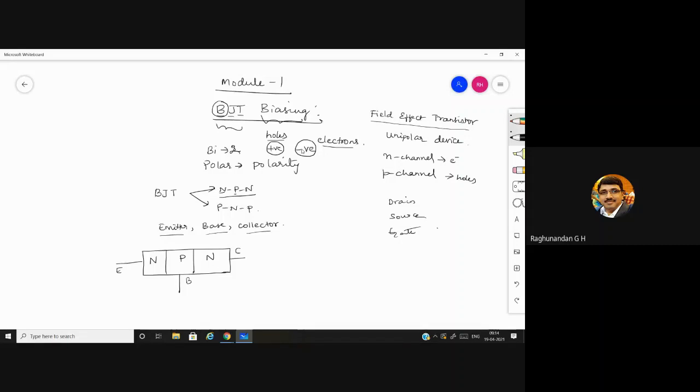This is the emitter region, this is the base region, this is the collector region. The emitter is heavily doped, the base is lightly doped, and the collector is moderately doped.